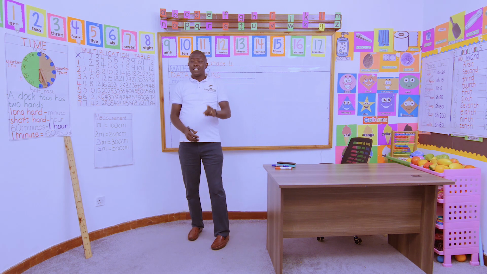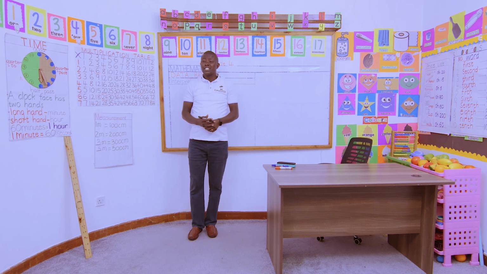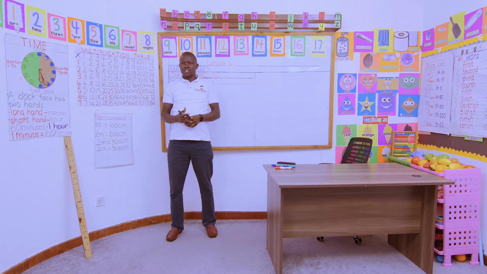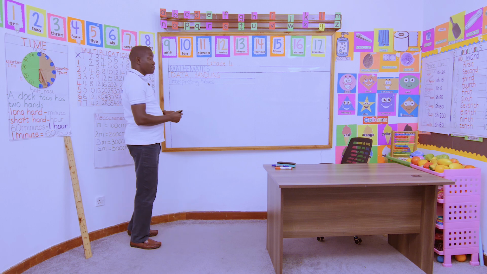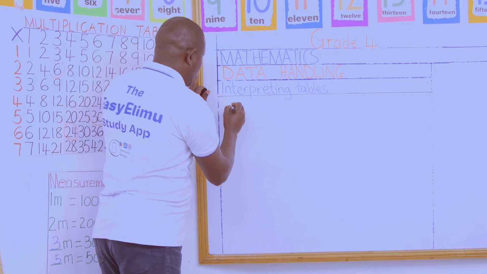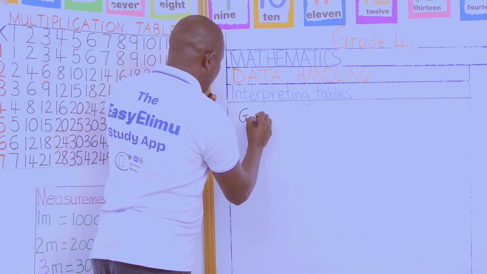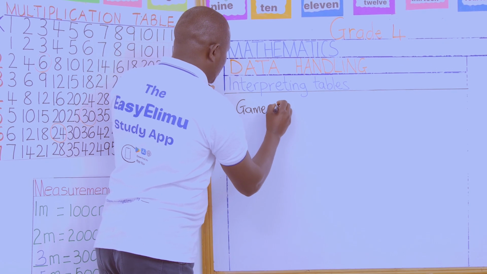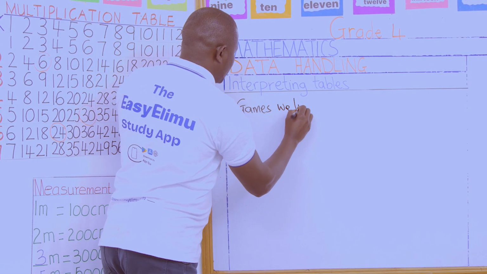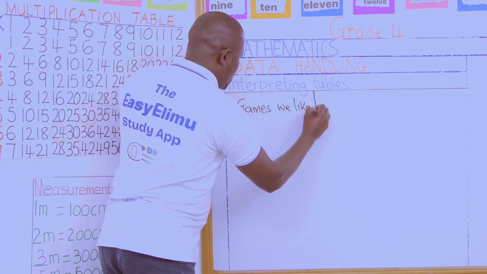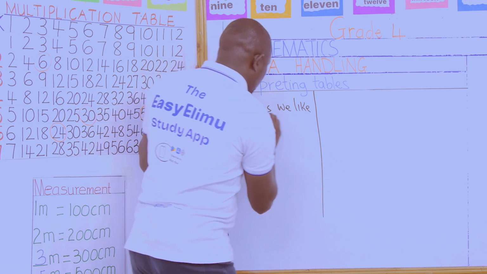Remember, when we were collecting data for the first time, we collected the data of the games that we like most. So can we start from there? The games that we like, we had the following categories.